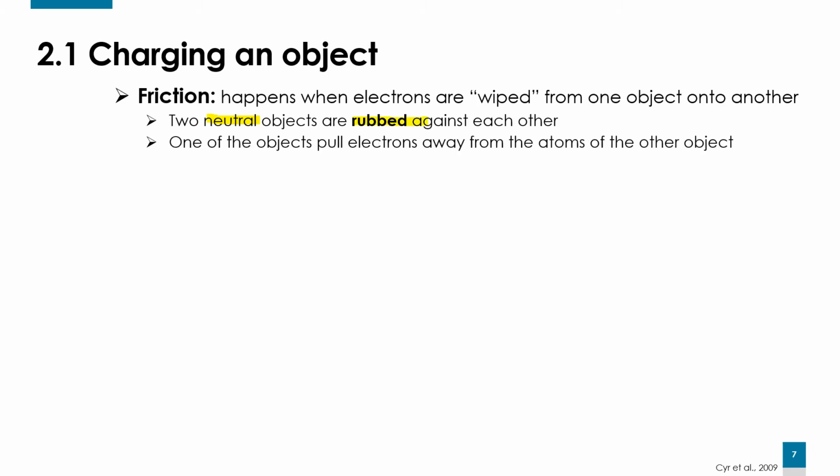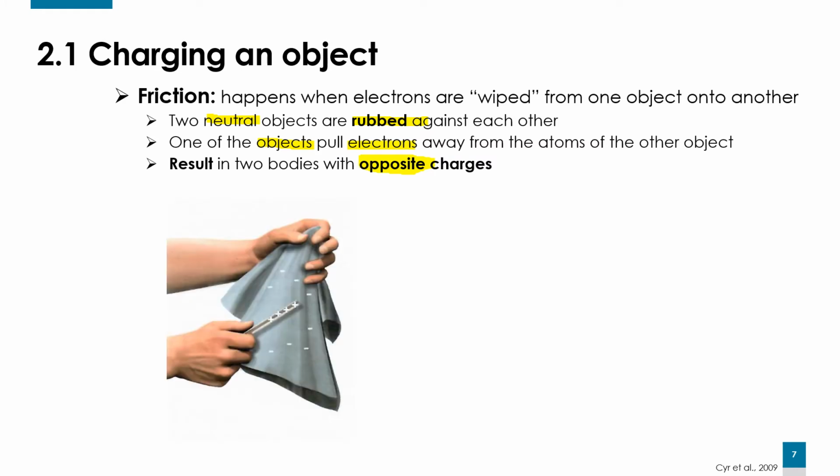When you rub them, the electrons from one object go to the other object. This results in two bodies with opposite charges.